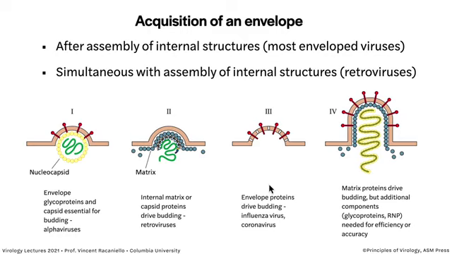You can do that in plants very cheaply, as we'll see, and make a lot of vaccine at low cost and very quickly, just based on this property that the protein is enough to drive a bud. Then we have another category where the matrix proteins will drive budding, but sometimes efficiency and accuracy depends on glycoproteins and even the RNA. But most of the time, it's proteins that drive the budding, not the genome of the virus.